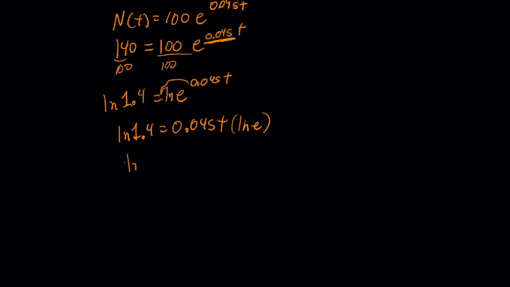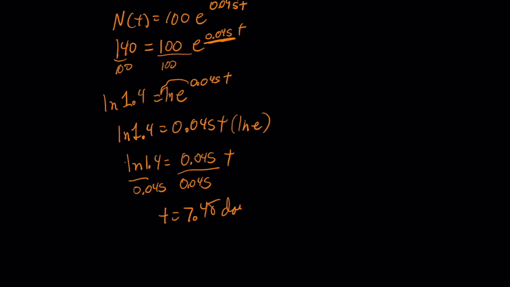So the natural log of 1.4 is 0.045t, so I divide both sides by 0.045. I get t equals 7.48 days, or we could just say 7 and a half days. So it takes 7.5 days for my population of bacteria to reach 140 grams.